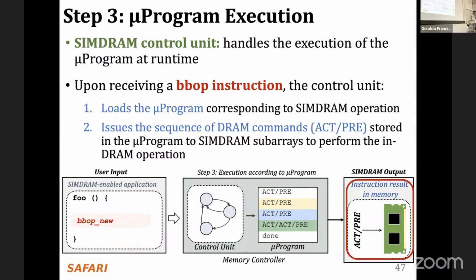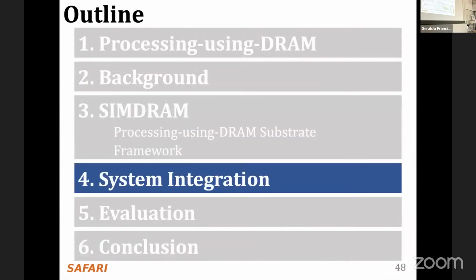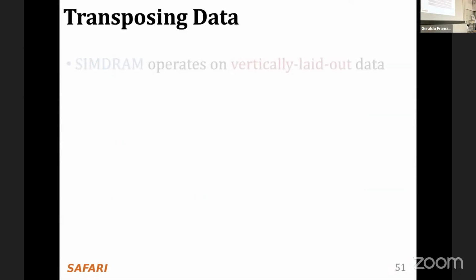To make all of this work, we need to consider several system integration challenges. The first one, and the one that I'm going to discuss here, is, as I mentioned before, that the data in SimDRAM is transposed to this vertical data layout, right? But your CPU still uses data in a regular horizontal data layout. So you need an efficient mechanism that can convert data back and forth from one layout to the other.